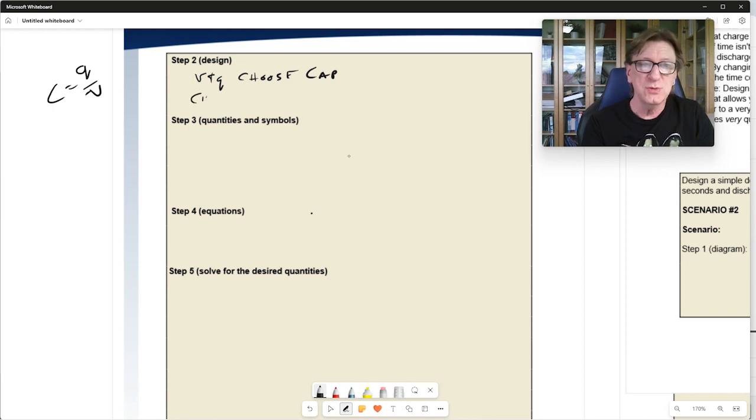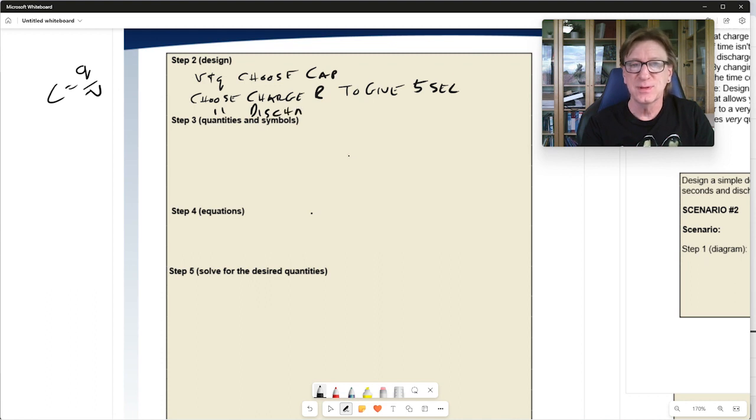So we're going to choose a charging resistor to give a 5-second charge time, and then I'm going to choose a discharge resistor to give a 0.001 second discharge time. So do you see how we're going to approach it?